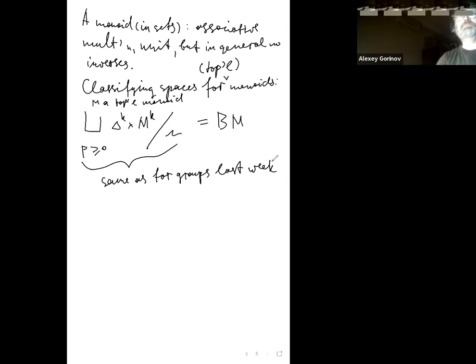By observing that in the definition of the classifying space via simplicial sets, we didn't really use inverses.